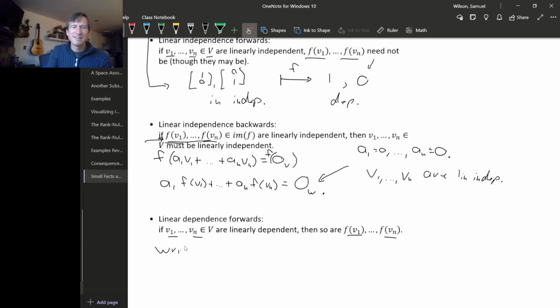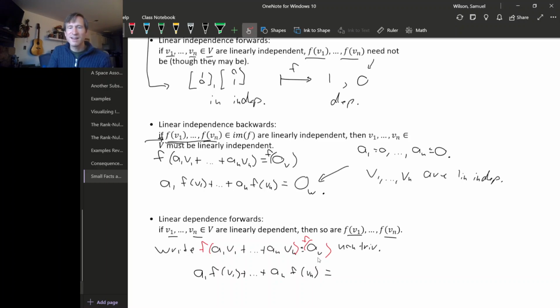So let's write a non-trivial linear dependence relationship like this. And this is non-trivial, so at least one of these coefficients is not 0. We want to know about what's happening on the codomain side, so let's move there by using the function. Of course we can use preservation of structure. On the left-hand side, we get a1 f of v1 plus dot dot dot plus an f of vn.